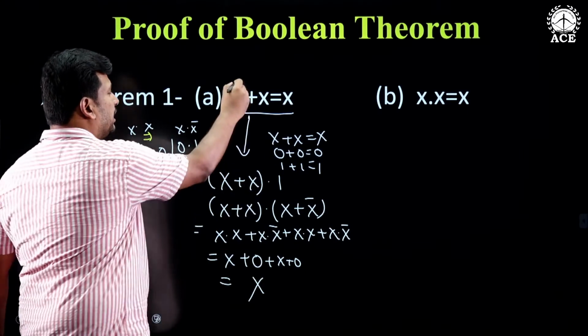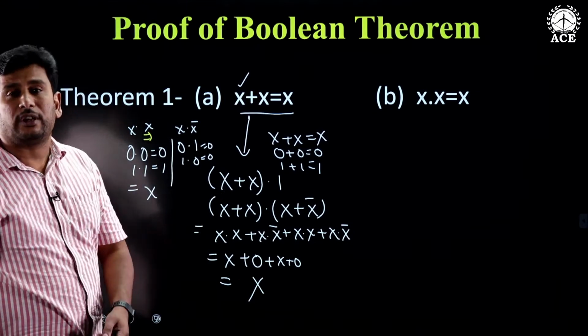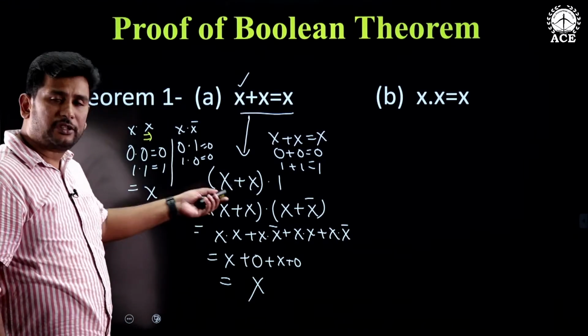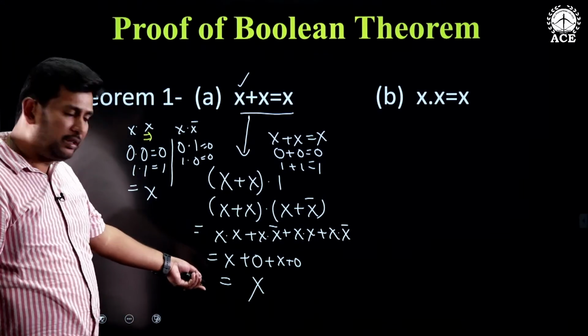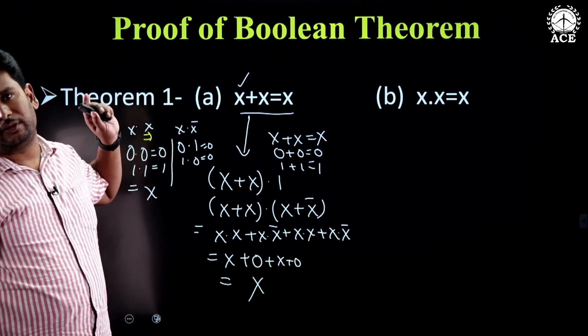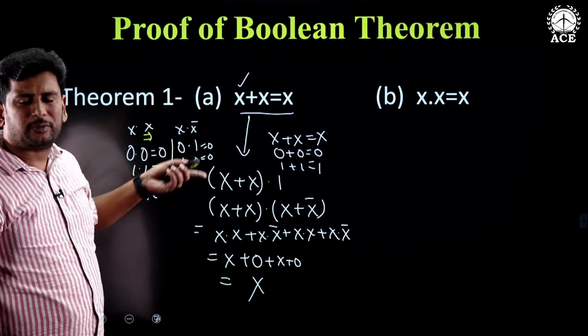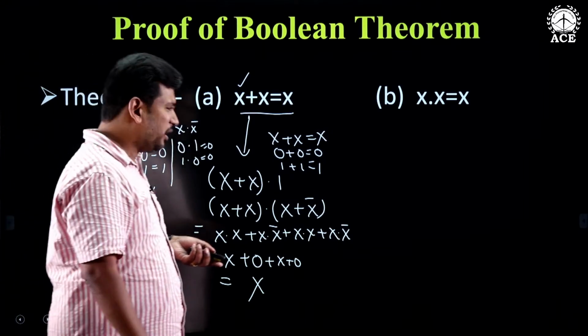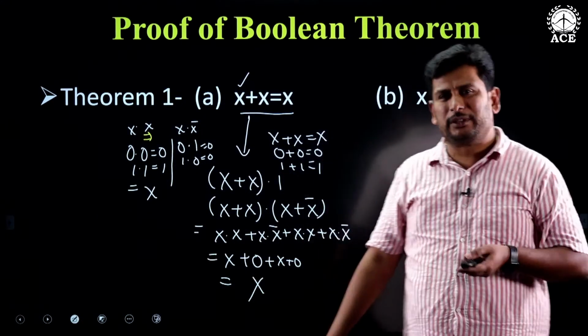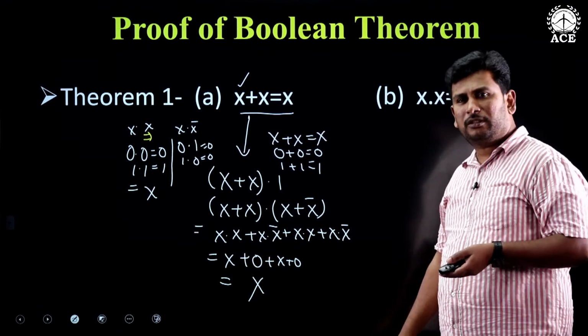So you started with the LHS, used your identity laws, then used some more additional postulates. Finally you proved that this LHS is equal to the required RHS. Now coming to the B expression, very simple. Let me look at the duality principle. What is my duality principle?